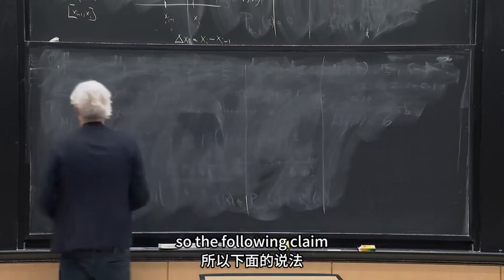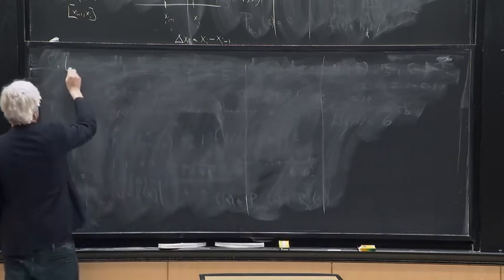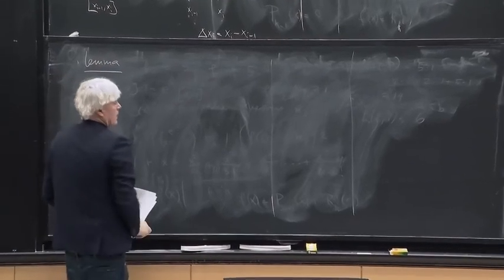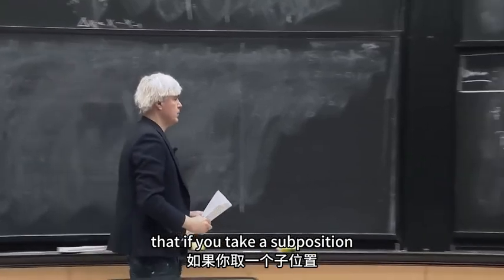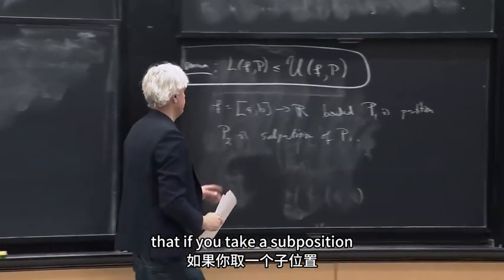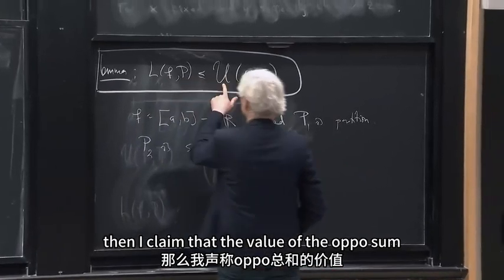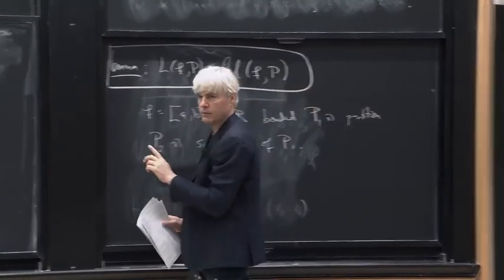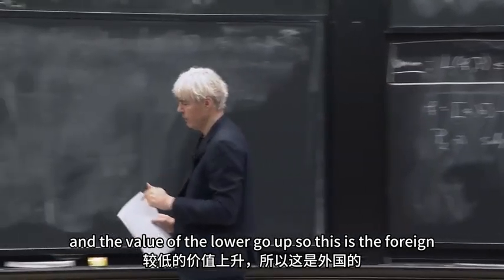The following claim, the following lemma here: if you take a subpartition, then the value of the upper sum goes down and the value of the lower sum goes up.